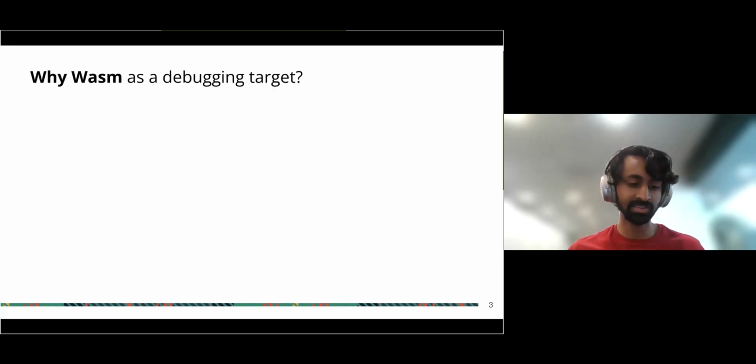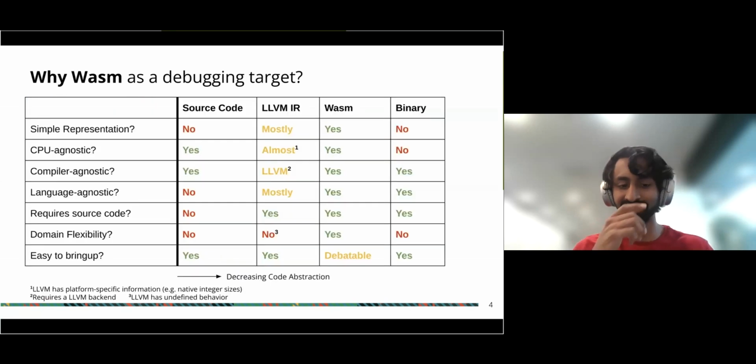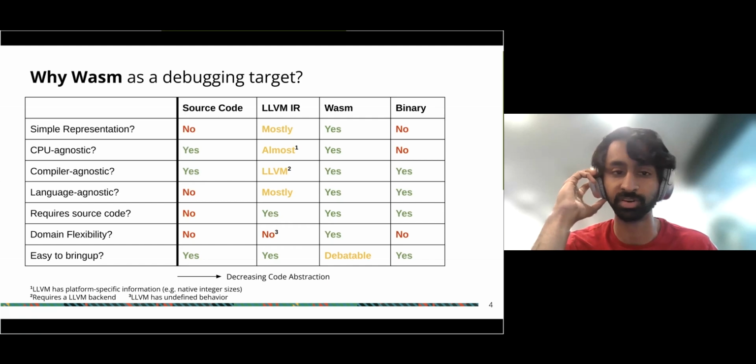So given this setup for debugging, why do we want to use Wasm as a debugging target? I would like to say it's because GPT believes in us. But the reality is that there are a lot of nice properties that make Wasm usable for debugging.